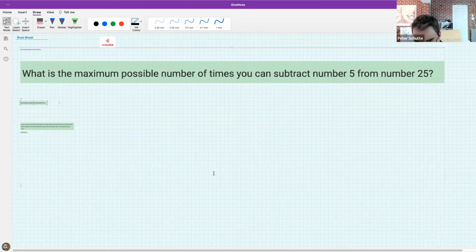So what is the maximum number of times you can subtract 5 from the number 25? Let's get those answers coming in.